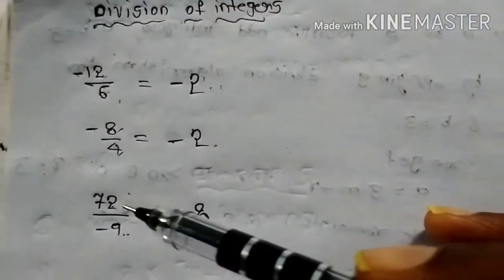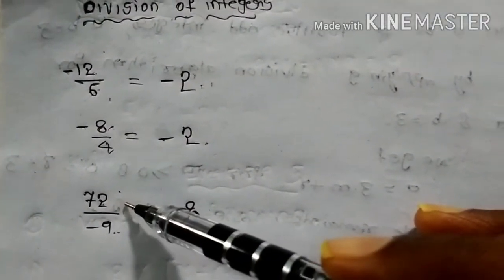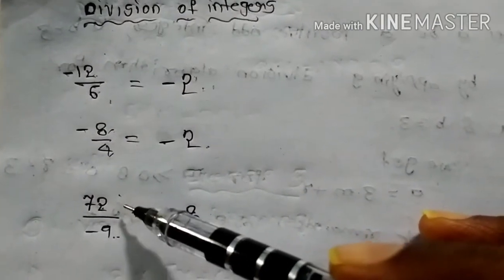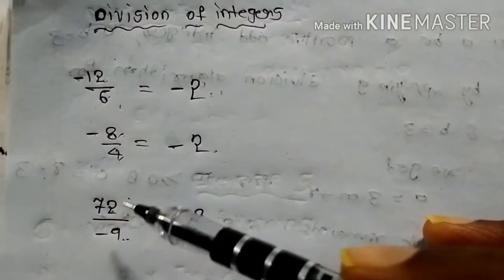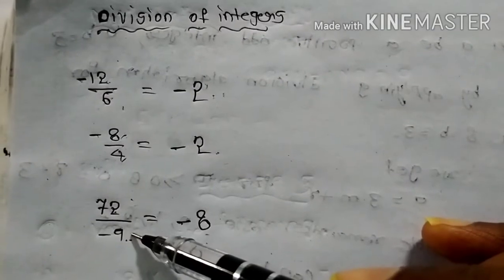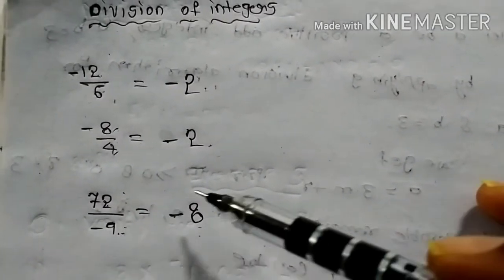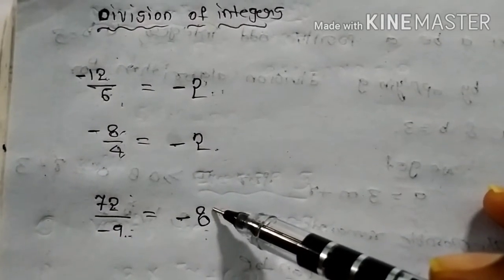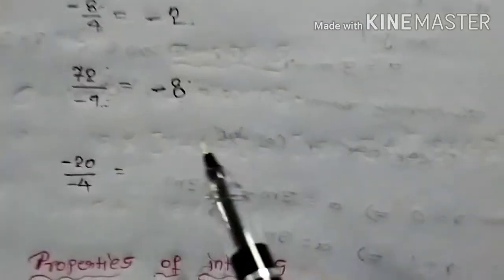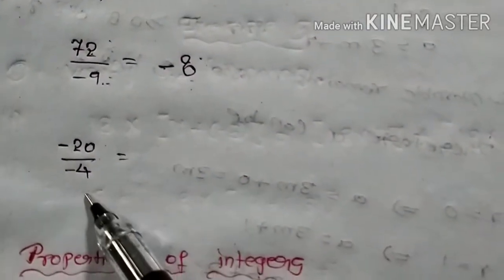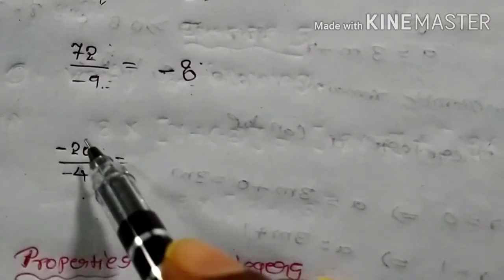Otherwise, if you divide a positive integer with a negative integer, you will get a negative number as the quotient. For example, if you divide a negative integer with a negative integer, that means 4 ones are 4, 4 fives are 20.